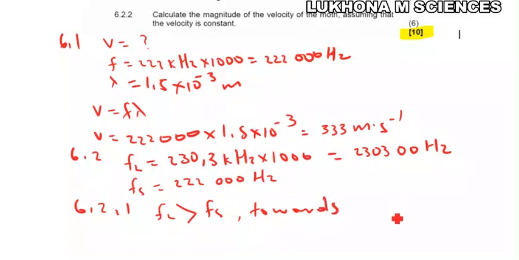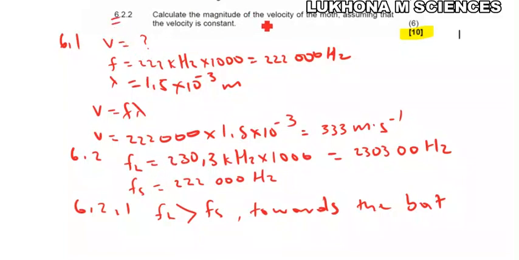So the correct answer is towards the bat, because f received is greater than f emitted. Okay, now let's go to question 6.2.2.